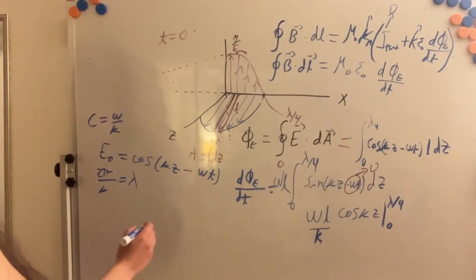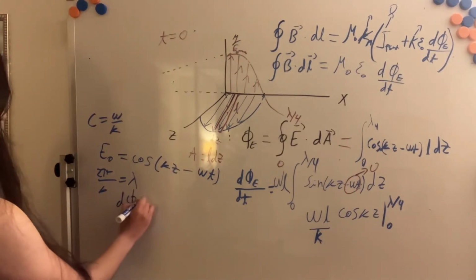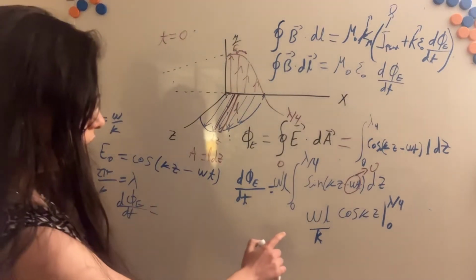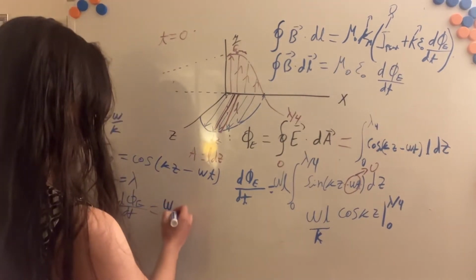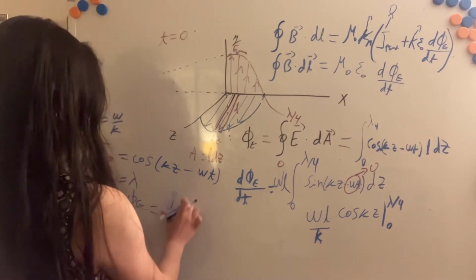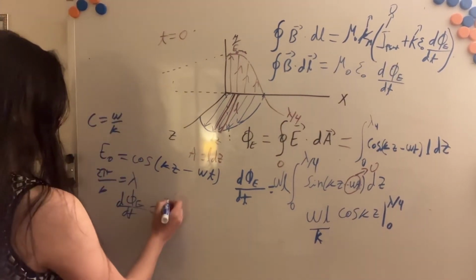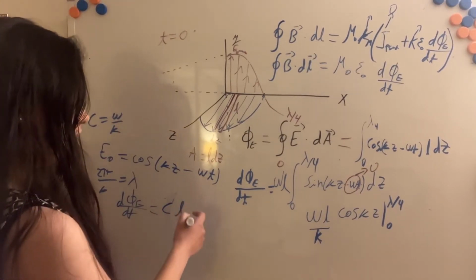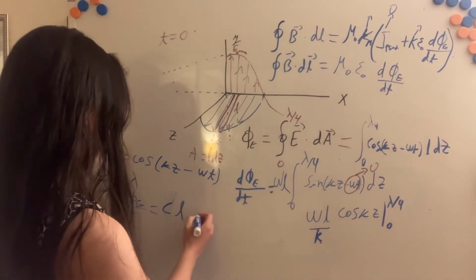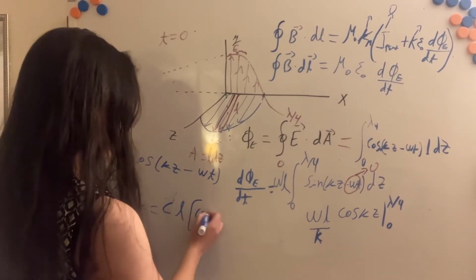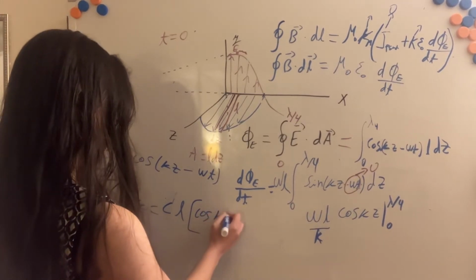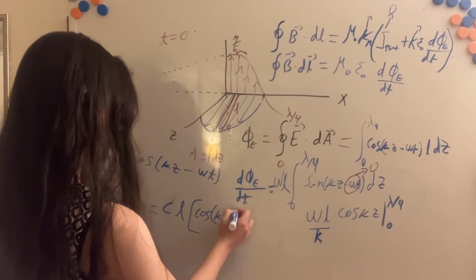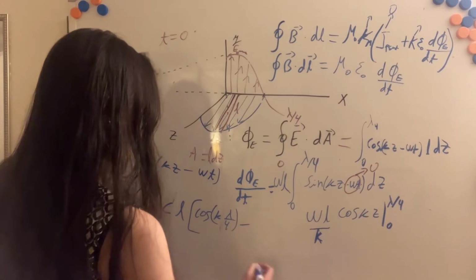So we have the derivative of the electric flux in dt is equal to omega over k. This is c, the speed of light, times the length, and this would be cosine of k lambda over 4 minus cosine of 0, which is 1.